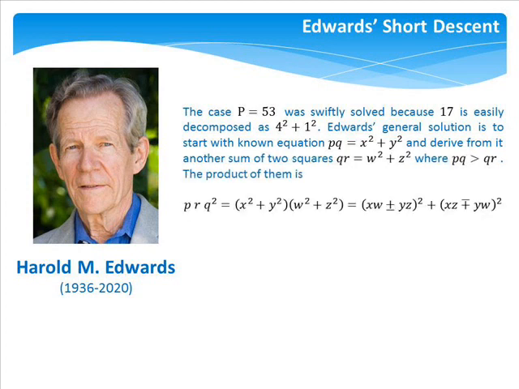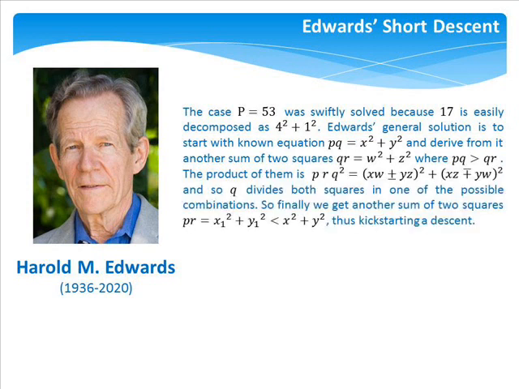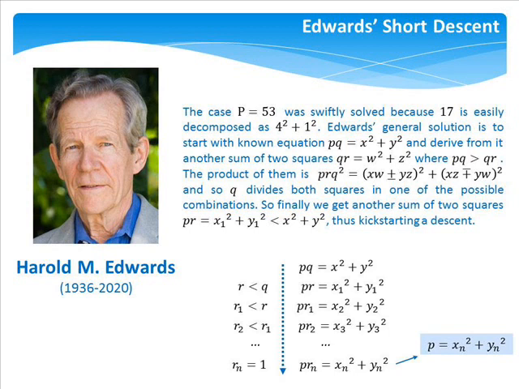The product of them is p times r times q squared, and so has q twice. And that product is a sum of two squares, if you remember Brahmagupta's identity. And so q divides both squares in one of the signed choices. After dividing by q, we get another sum of two squares, p times r equals x sub 1 squared plus y sub 1 squared. That is smaller than the initial one, thus kickstarting a descent.